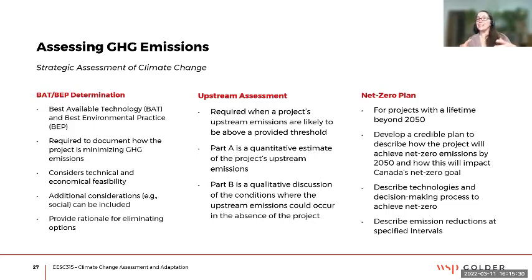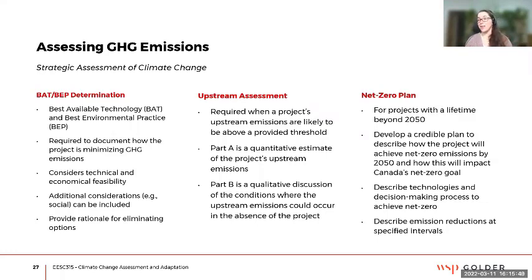This is highly tied to the BAT-BEP determination. You're going to reuse a lot of that information. And then you also have to tell them, like, every, say, 5 years, what are your reductions? So you can't just say, oh yeah, no, we'll get there. You have to show them a reasonable map of how you think it's going to proceed over time.